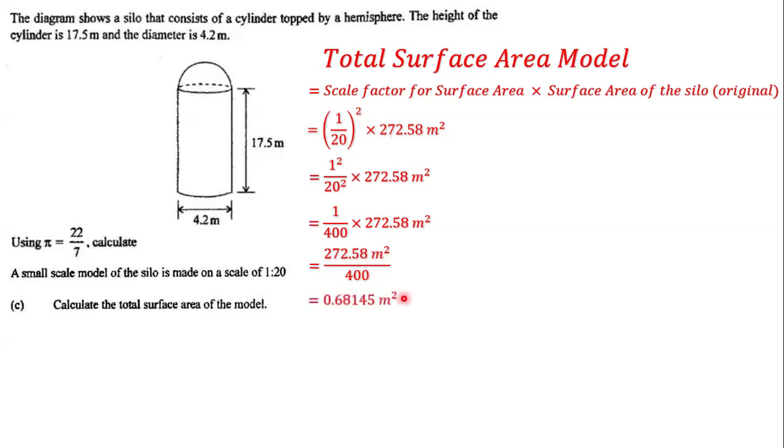And when we divide it by 400, we get 0.68145 meters squared. So the total surface area of this small scale model is 0.68145 meters squared. And that's the answer to our question.